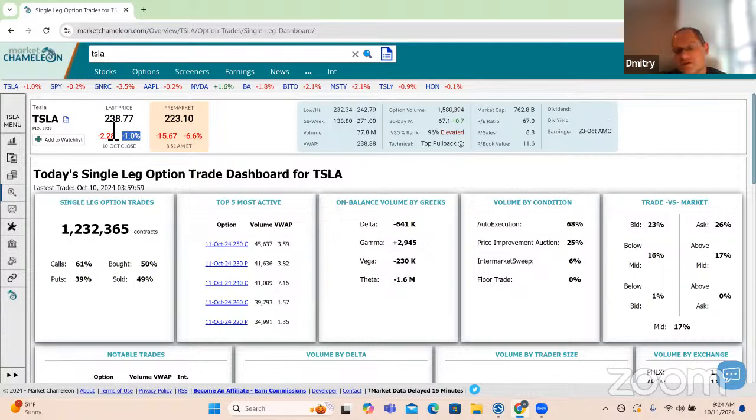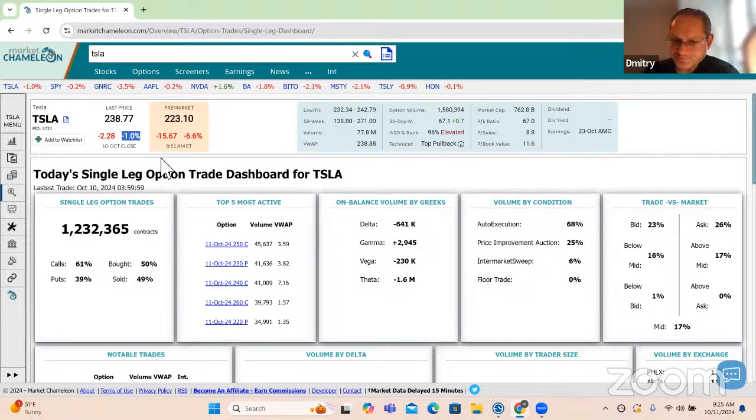We need a reference from previous close to now. We have this volume, but how's the volume impacting the value or the price of the stock? Well, the same thing with an option. How is the volume impacting the option values, right?